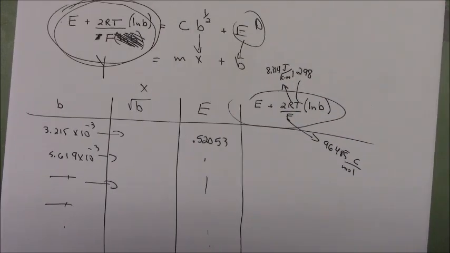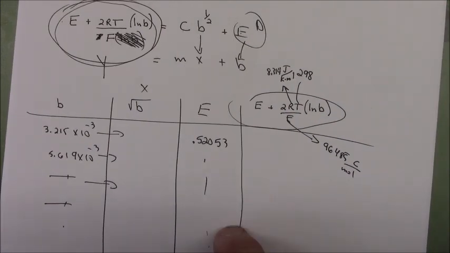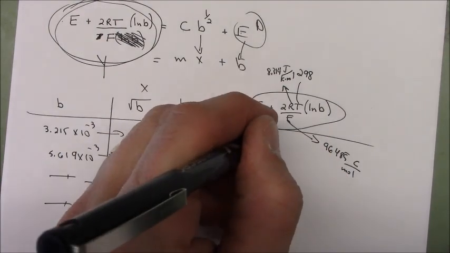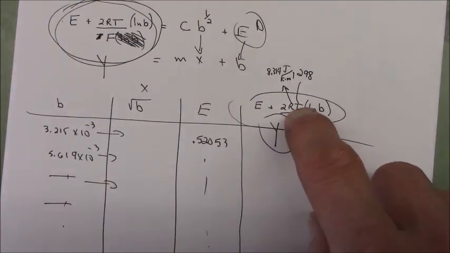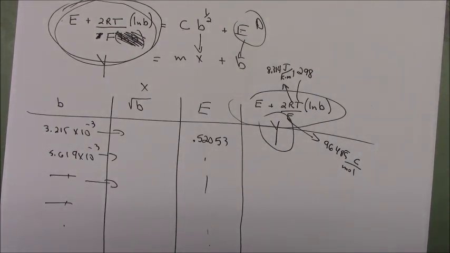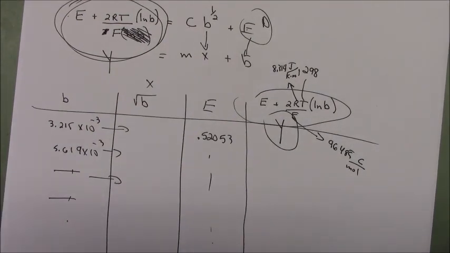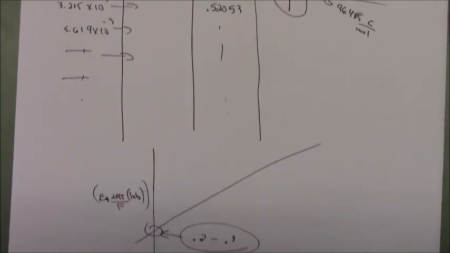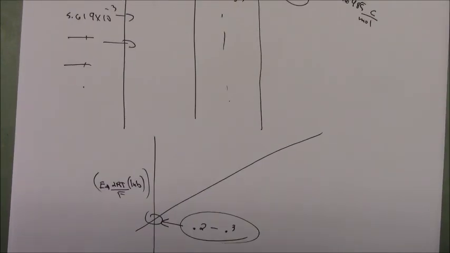I'll let you guys calculate exactly, but this is it. I mean, graph this. This is your Y against that X. So it should be square root of B, and this is going to be E plus 2RT over F ln B on the Y. So that is number 2.